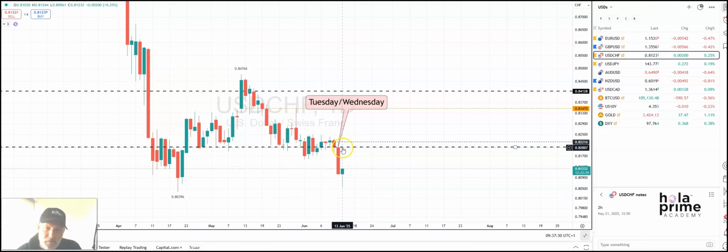If we get this level, which is located at 0.8203, if we get towards that level on Tuesday or Wednesday next week, then again that will probably offer a selling opportunity. I wouldn't expect new lows, but I would expect a move down to these pin bars at the bottom of here.